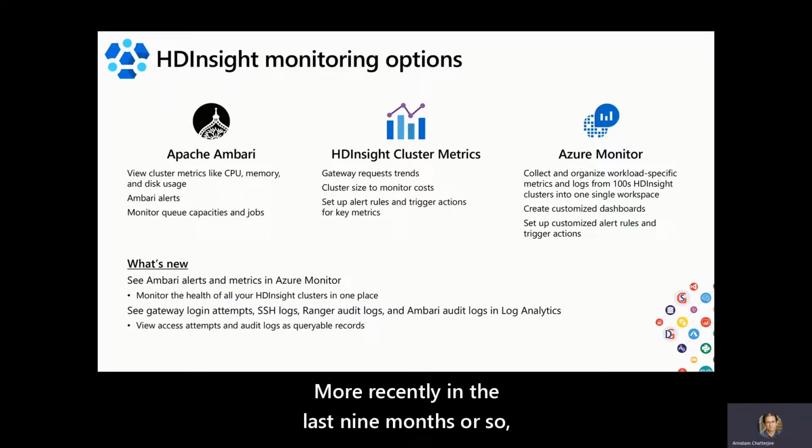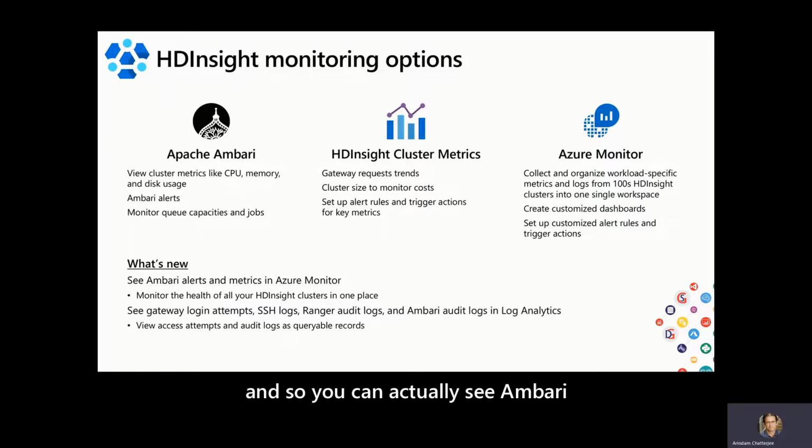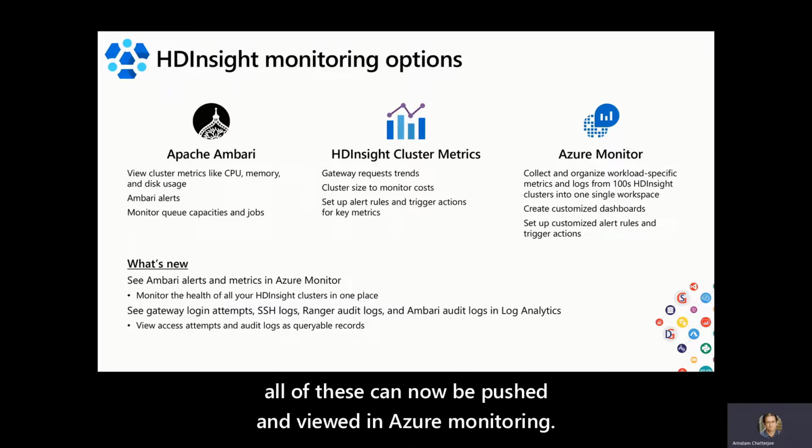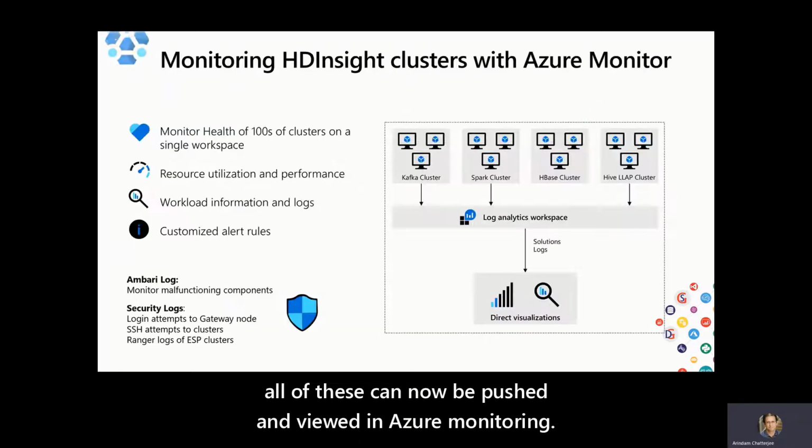More recently, in the last 9 months or so, we have added Ambari alerts that now can be moved from the cluster to Azure Monitor, and so you can actually see the Ambari alerts from across all your clusters. Gateway logging attempts, SSH logs, Ranger audit logs, all of these can now be pushed and viewed in Azure Monitoring.